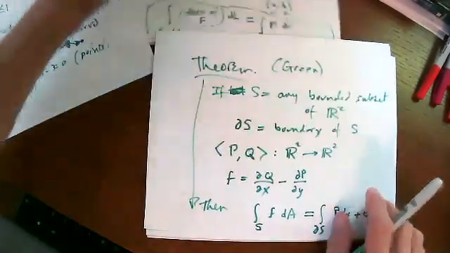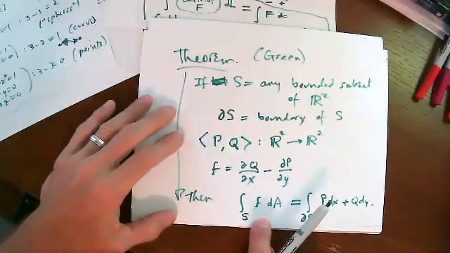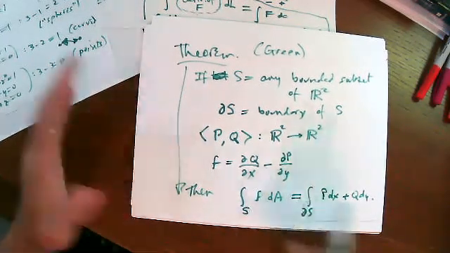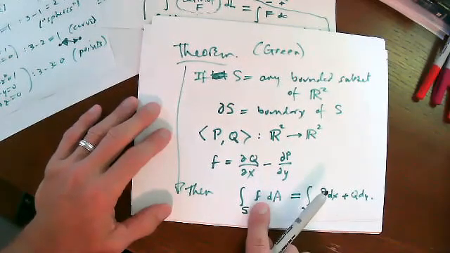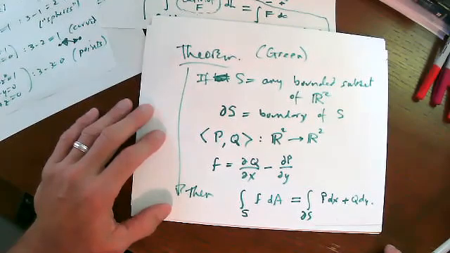In Green's theorem, the same thing might be true. You might be looking at this integral, and you are trying to figure out how the heck you're going to compute an integral of some function of two variables over a chunk of the two-dimensional plane. Green's theorem allows you to rewrite that as a line integral.